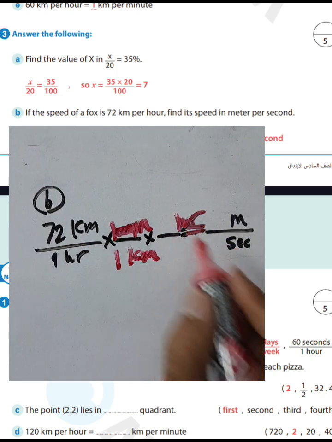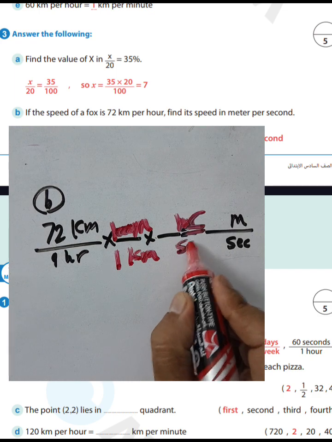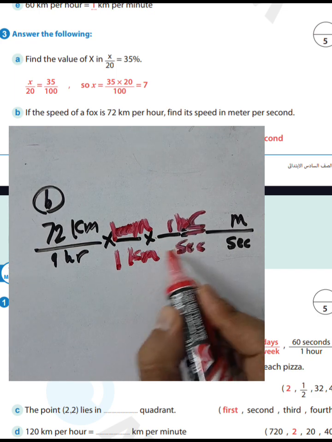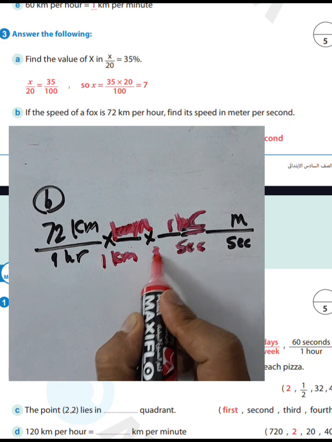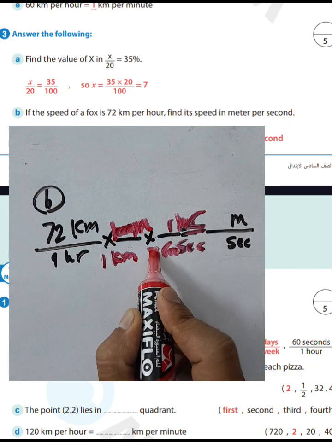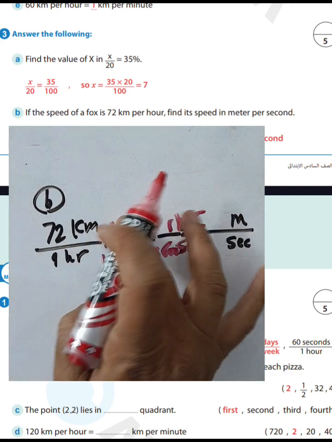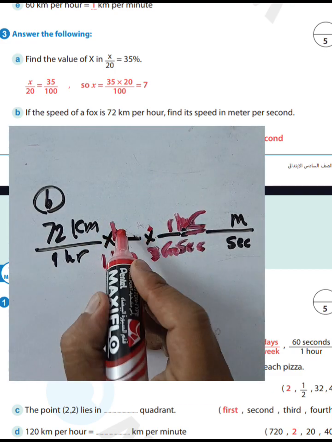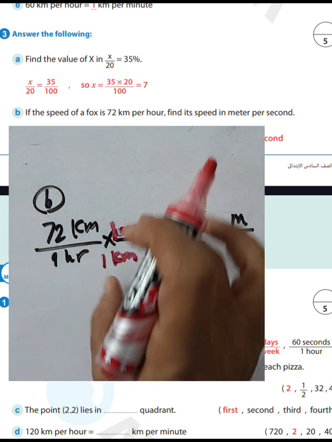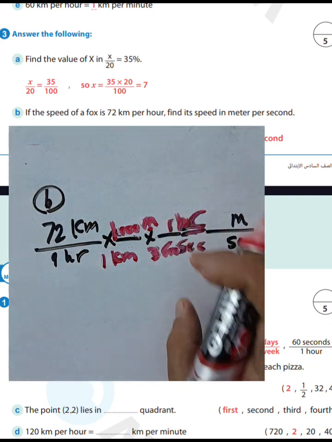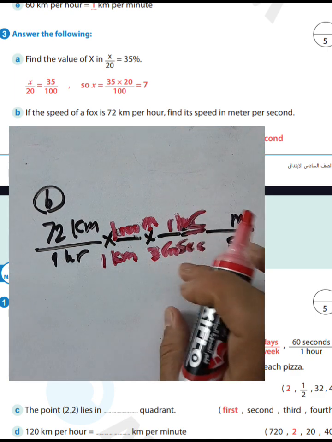And 1 hour equals 3600 seconds. Okay, it's clear, right? 1 kilometer is equivalent to 1000 meters, and 1 hour is equivalent to 3600 seconds.